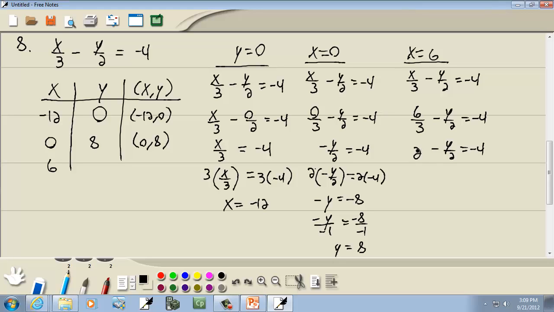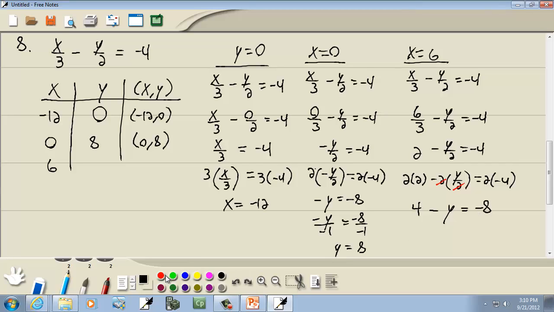First step, get rid of parentheses, don't have any. Second step, get rid of fractions. We do have a fraction. Multiply everything by the LCM of all our denominators. Our only denominator is 2, so multiply everything by 2. 2 times 2 is 4. Here these 2's would cancel. And we've got minus y equals 2 times -4, which is -8.